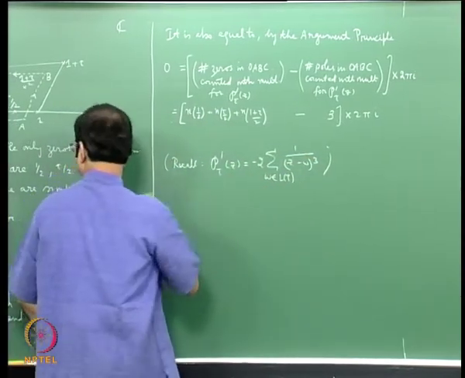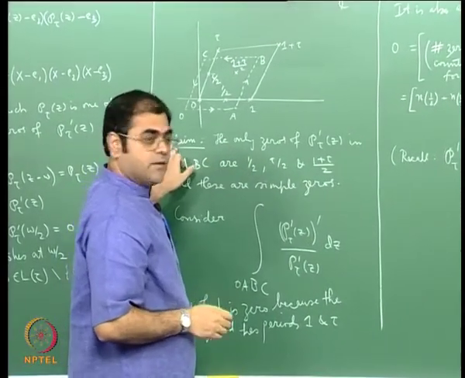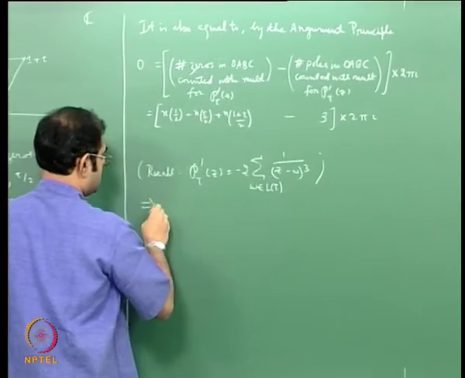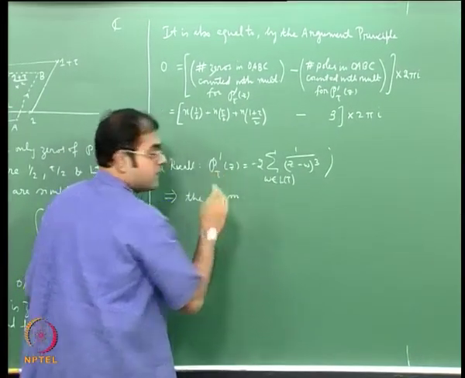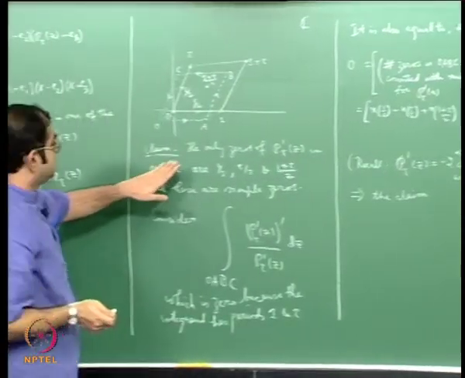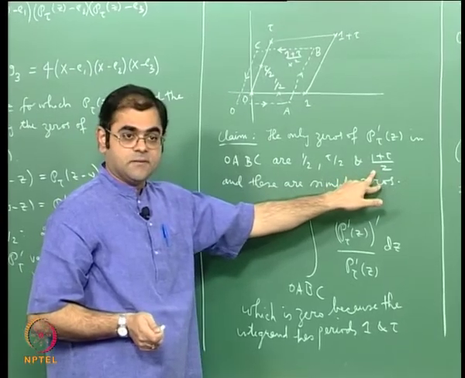So this implies the claim. So what we have proved is that the zeros of p prime are precisely these, okay.